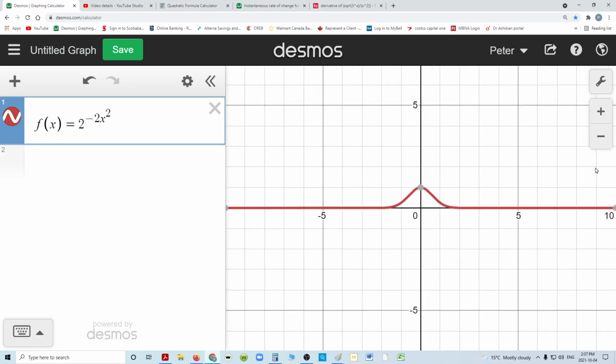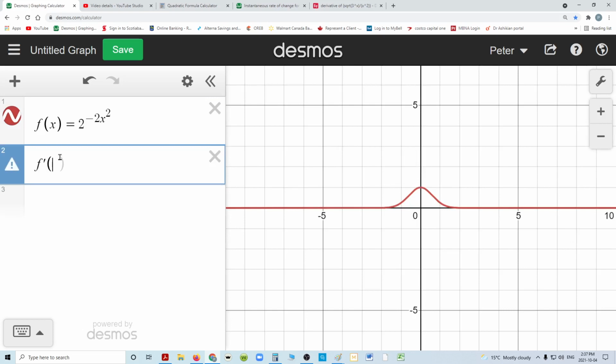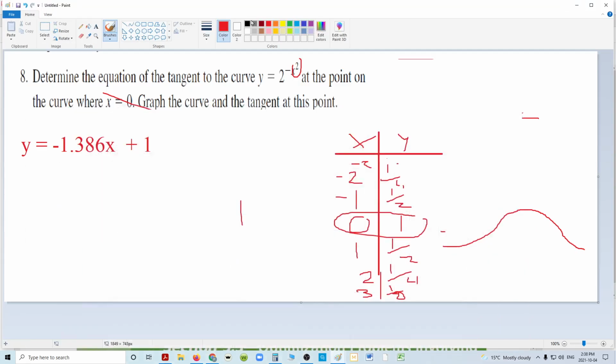Okay. Well, to me that should have been a slope of 0. Yeah, it's saying it's a slope of 0. So why did the derivative come up with that? Maybe I did something wrong.